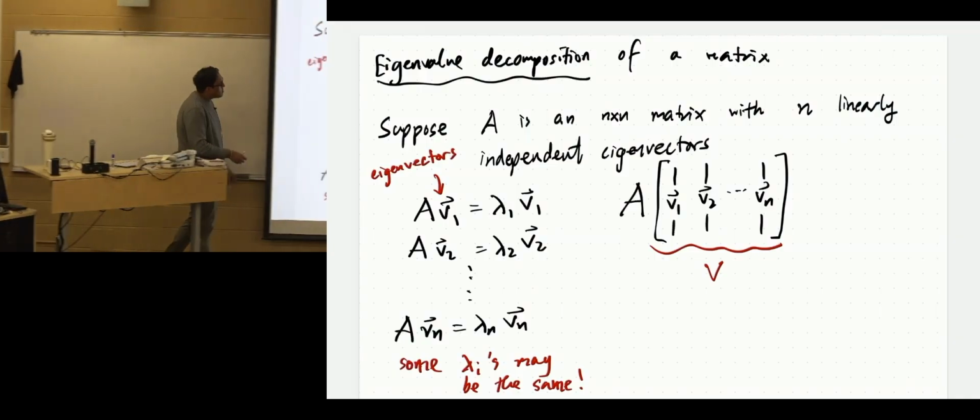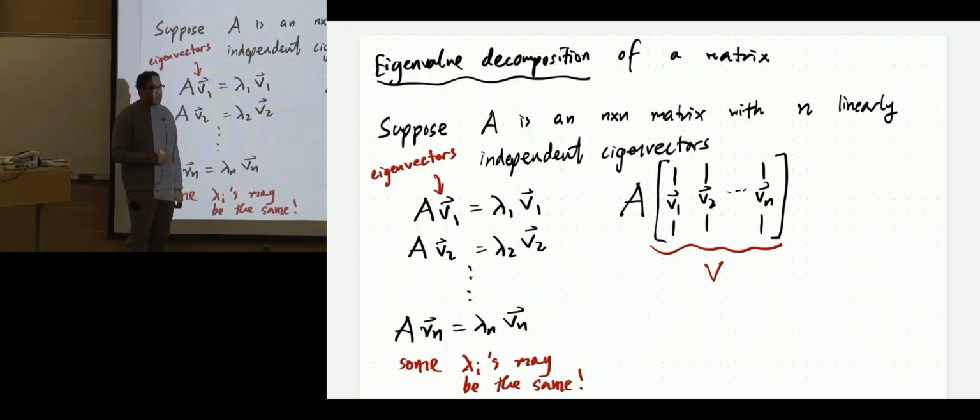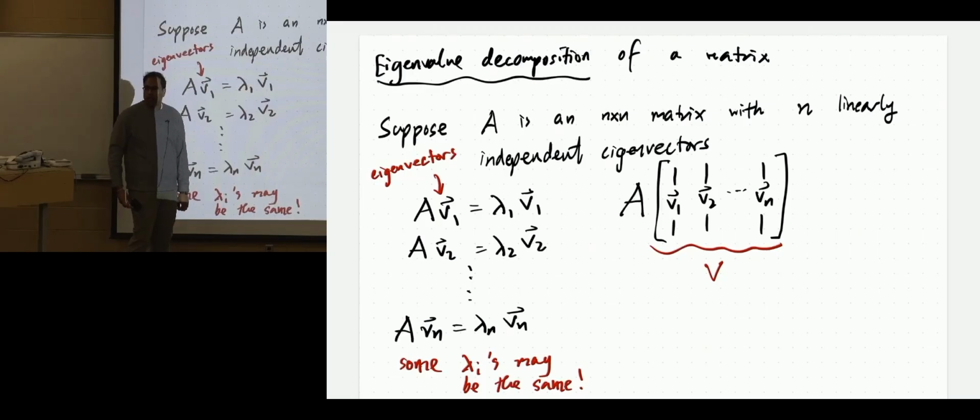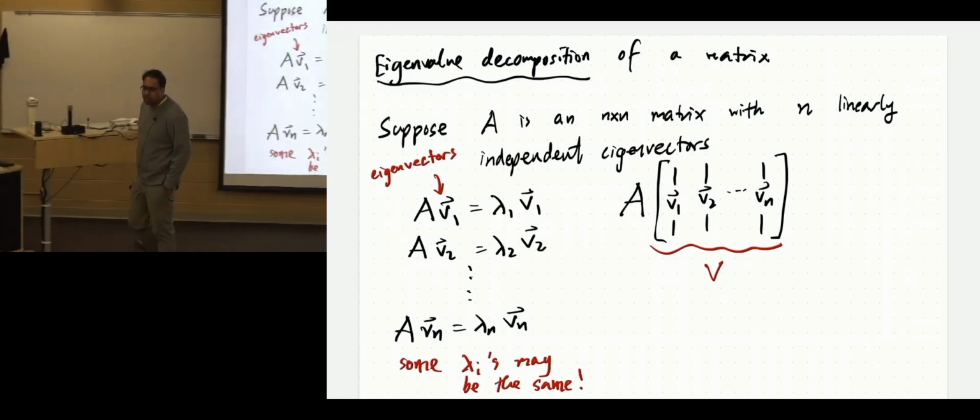What happens when I multiply A by V? Firstly, what is the shape of the output going to be? A is an n by n matrix. What is V? What is its shape?